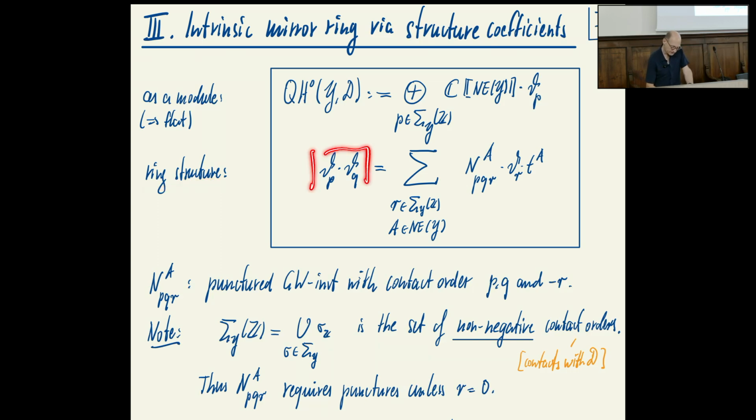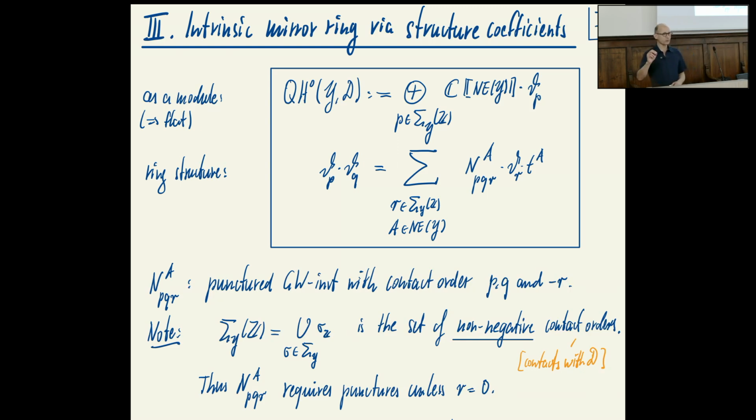The ring structure can be very easily written down if you know what punctured Gromov-Witten invariants are. So you have P and Q and R. The integral points of sigma Y are a set of contact orders. You remember we had these contact orders, the things that had to do with the directions of the unbounded legs that we had in the tropicalization.